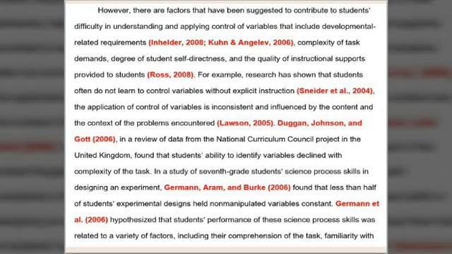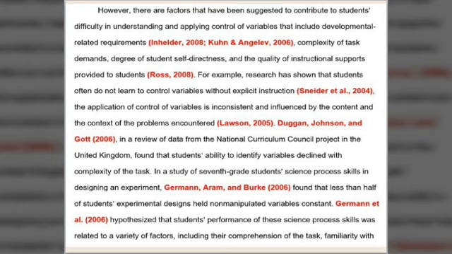In a review of data from the National Curriculum Council project in the United Kingdom, it was found that students' ability to identify variables declined with complexity of the task. In a study of 7th grade students' science process skills in designing an experiment, German, Aram, and Burke 2006 found that less than half of the students' experimental designs held non-manipulated variables constant.